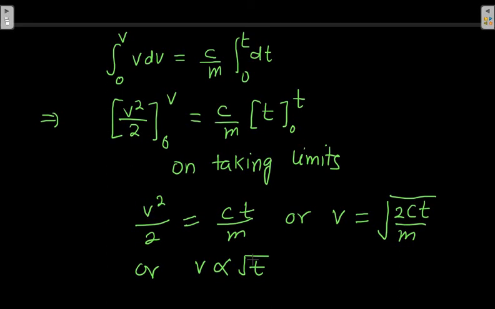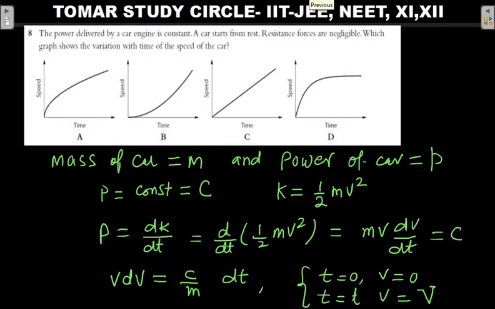Therefore the graph will be a parabola symmetrical about the time axis, because we can write v is equal to some constant k multiplied by square root of t, and the correct option is shown in the graph A. Answer will be A.